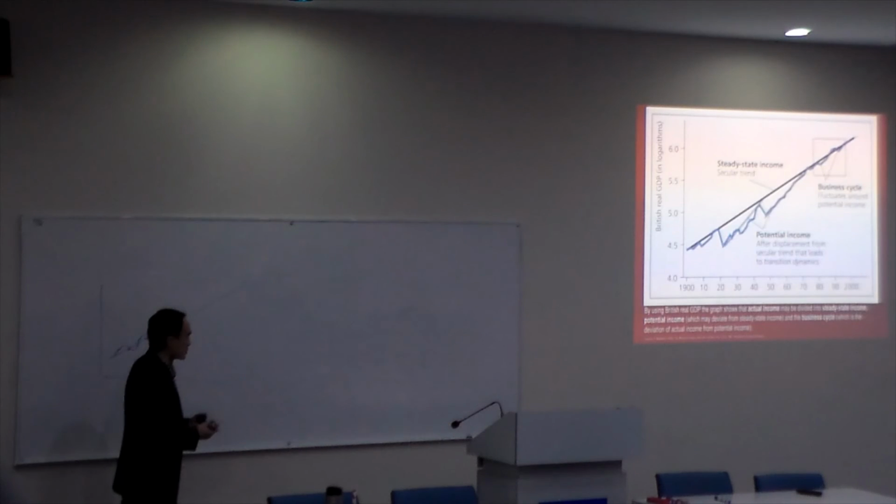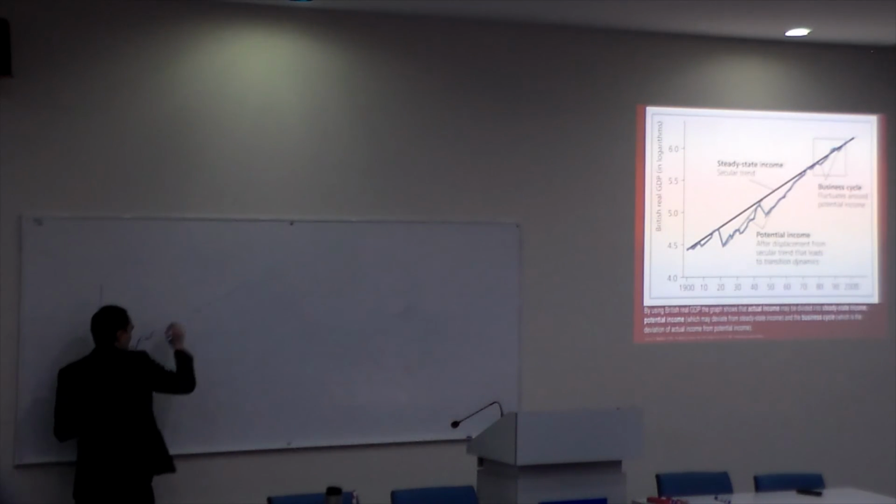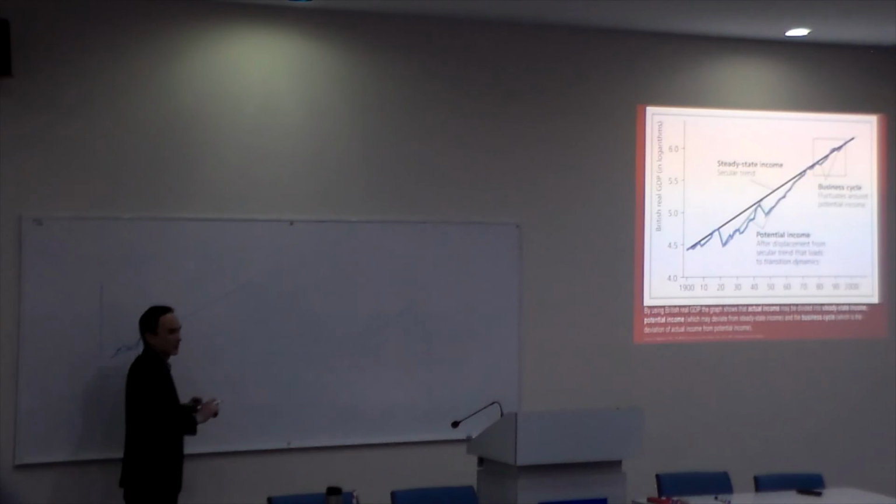So this is the business cycle, experienced based on the capital and labor available. If the economy is always like this, we call this steady state income level the potential income.